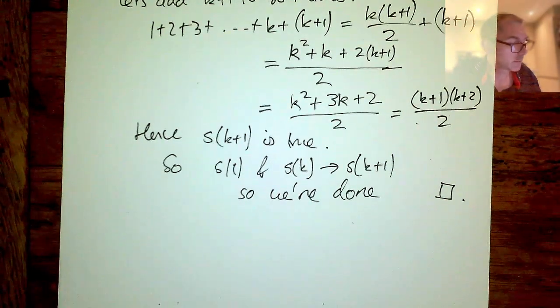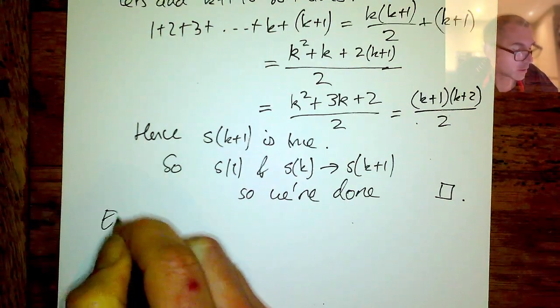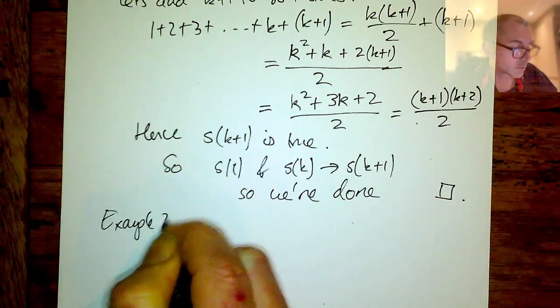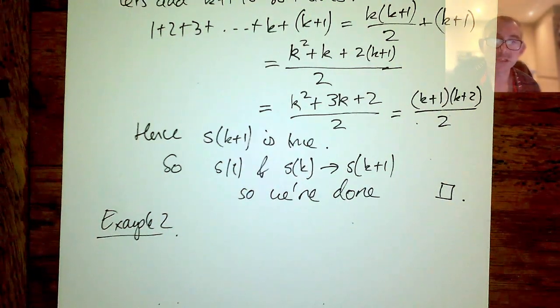Okay, let's do another example. So there's example 2, going to be a very similar one. I'm just going to add up all the odd natural numbers, and we're going to discover that we get squares.